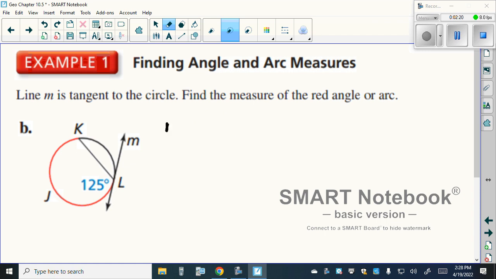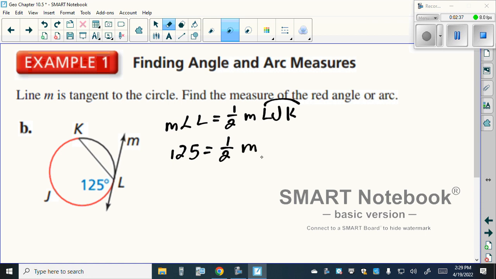So we're saying that the measure of angle L is equal to half the measure of the arc LJK. But what are we told? We're told the measure of angle L, which is 125 degrees, is equal to half the measure of arc LJK.